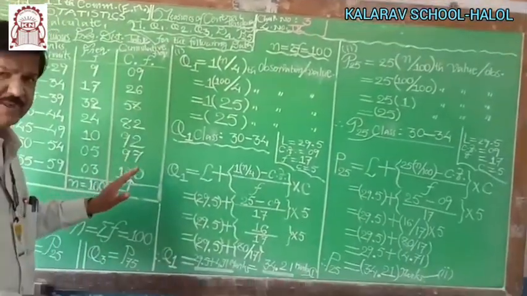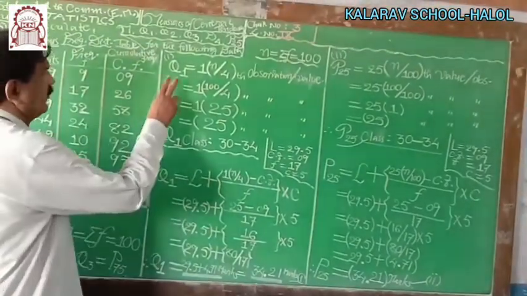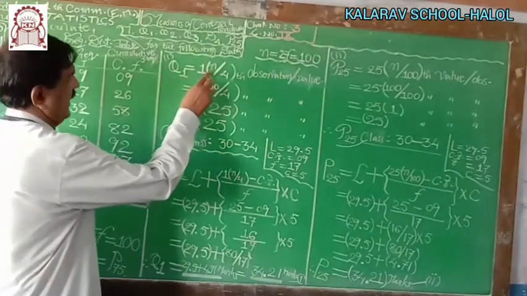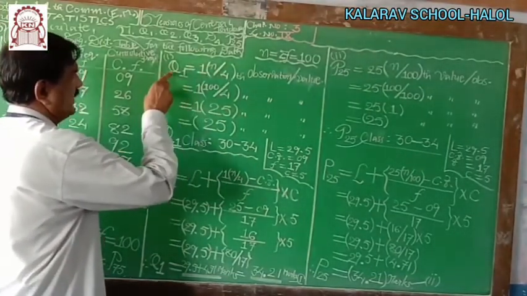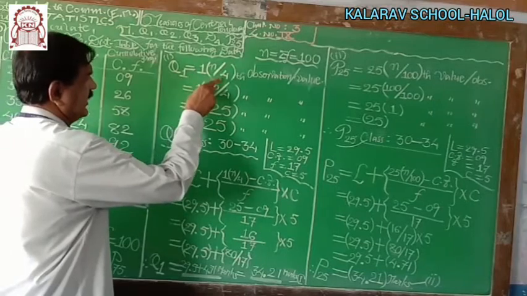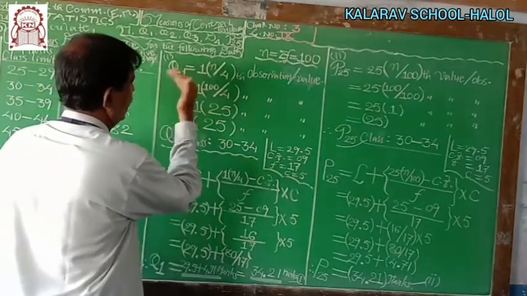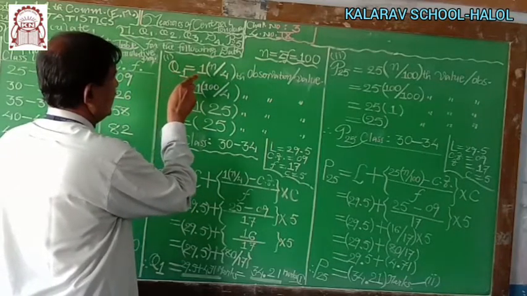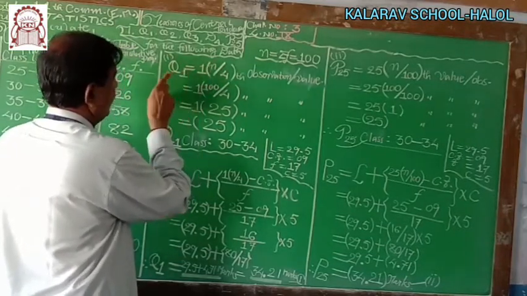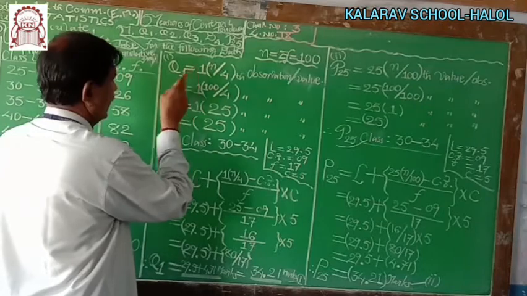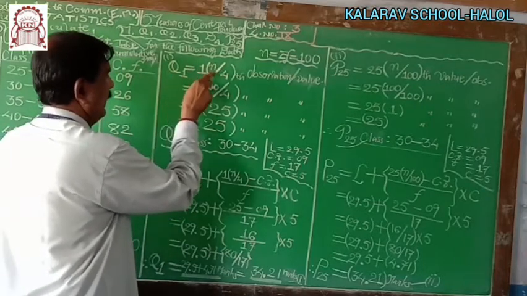For this example, Q1 is given by 1 upon 4. As quartile is required, there is 4 in the denominator. If Q1, then 1 outside the bracket; if Q2, then 2; if Q3, then 3. Q1 means 1 times n upon 4.